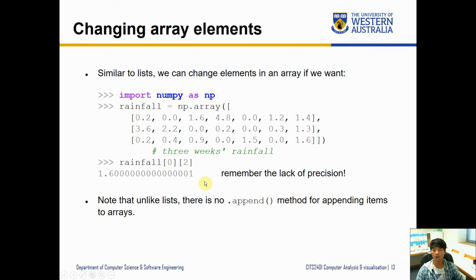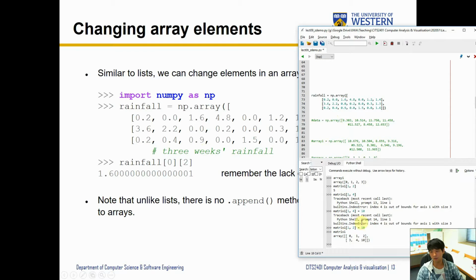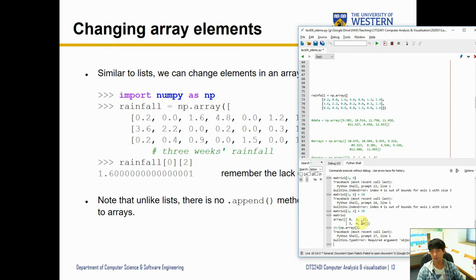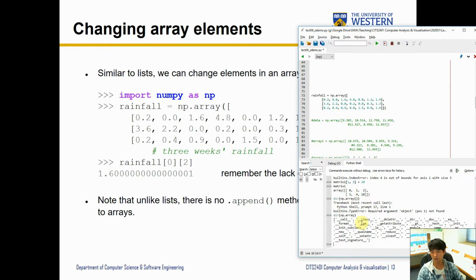Unlike lists, however, NumPy arrays don't have an append. If you quickly have a look, np.array has a few built-in methods, but as you see, there are no specific methods, and you can't find append, right?